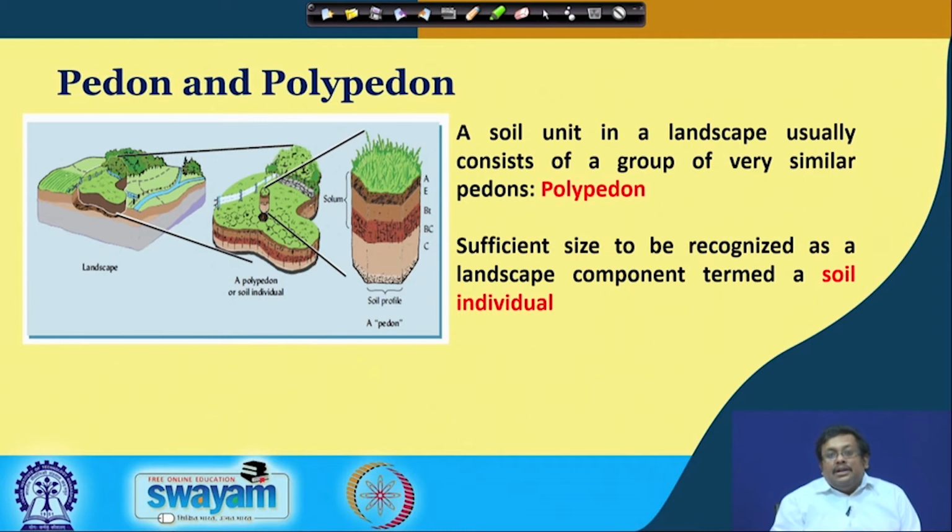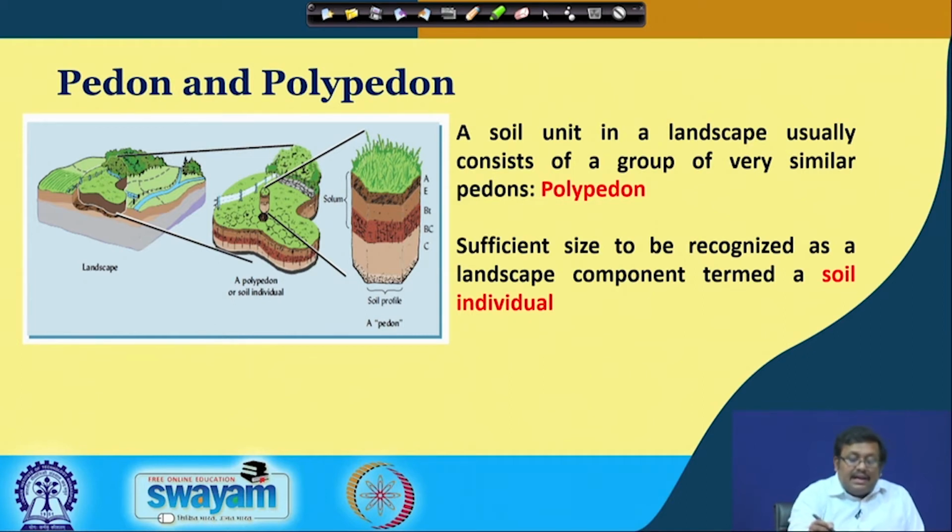Pedon is the singular term, whereas when several pedons occur in very close proximity, collectively we call them a polypedon. Remember that a polypedon is also known as a soil individual. A polypedon is of sufficient size to be recognized as a landscape component.